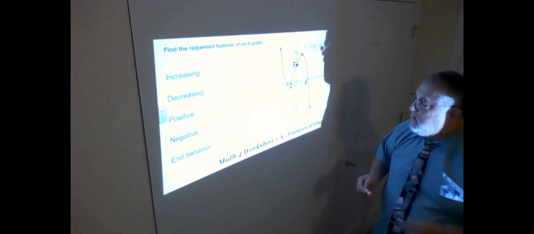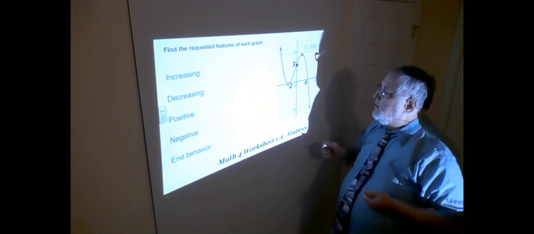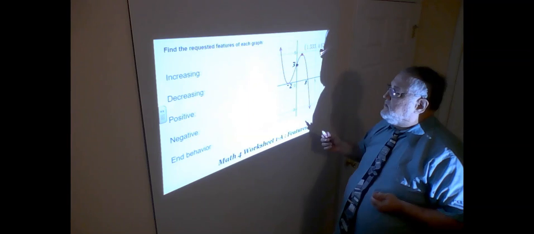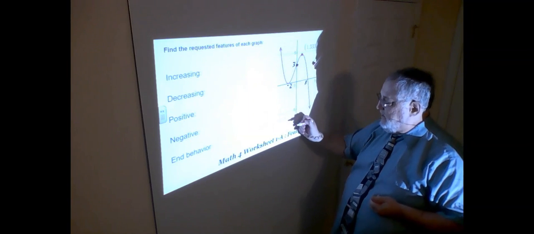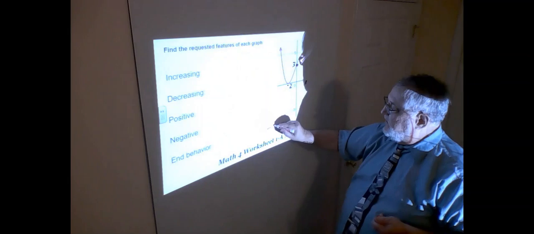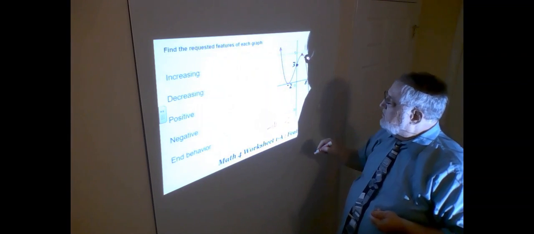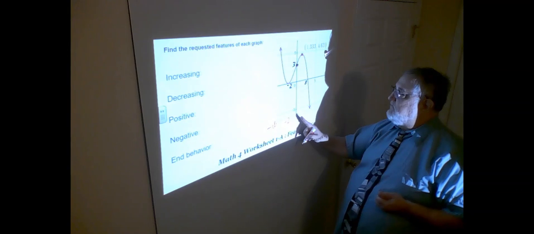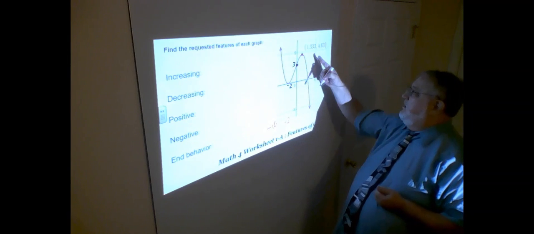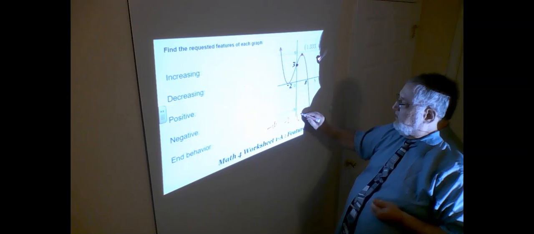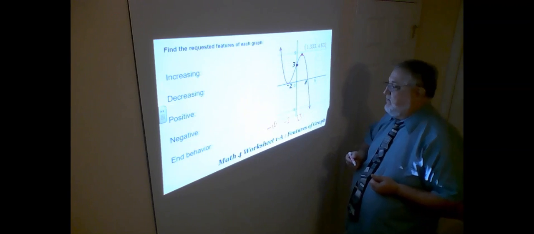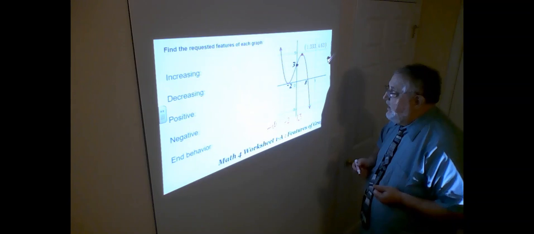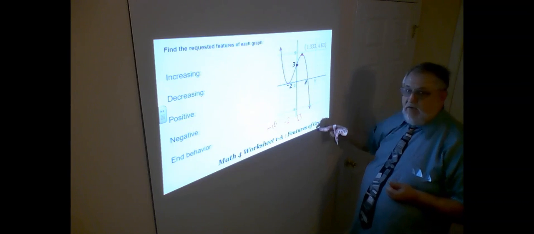With increasing and decreasing, it is decreasing from -infinity to -2, and then it starts increasing from -2 to about 1.3. We'll round it there for the sake of ease. And then once you get past 1.3, it goes down forever.